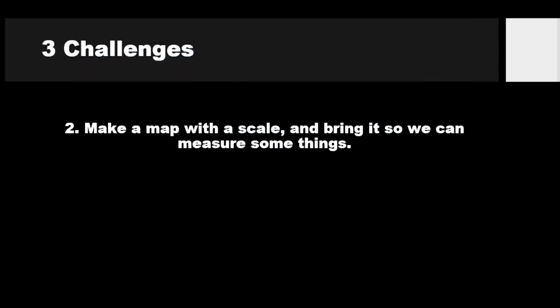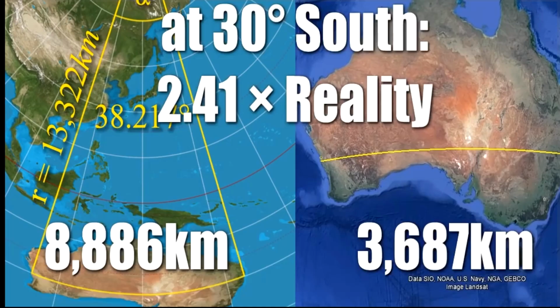Problem 2, make a map with a scale and bring it so we can measure some things. You guys are teaching that it's 13,000 kilometers from the North Pole to Australia. So if that's true, that makes Australia 9,000 kilometers long, if we were to use the scale on your map.